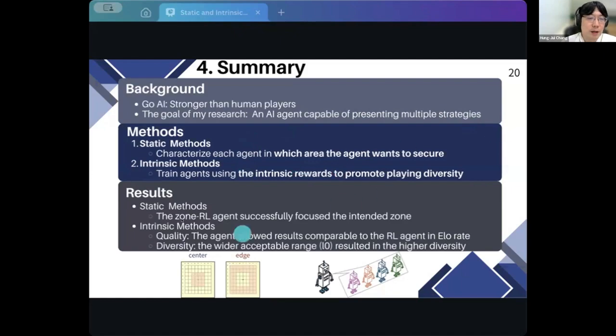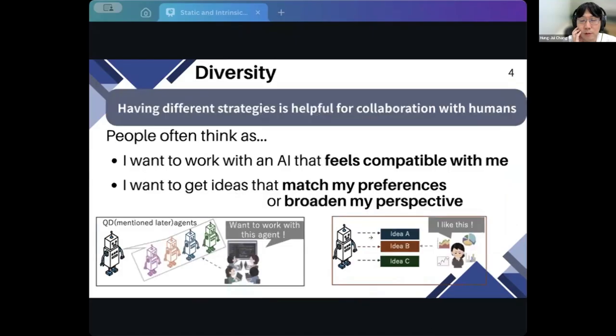In the beginning, you said that the human would like to choose an AI agent which is suitable for him or for her. So, after you have successfully trained those agents, do you have any suggestion for the human player on how to choose the suitable agent for them?